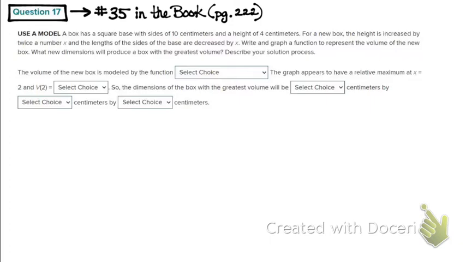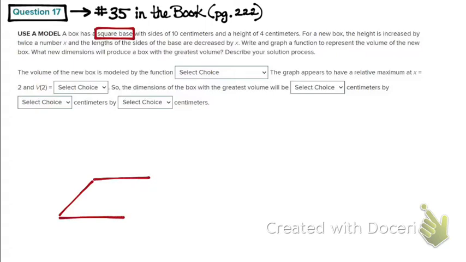A box has a square base. What does a box look like? What do you do with a box? Put stuff in it. It says that it has a square base. So the bottom of my box is something like this.